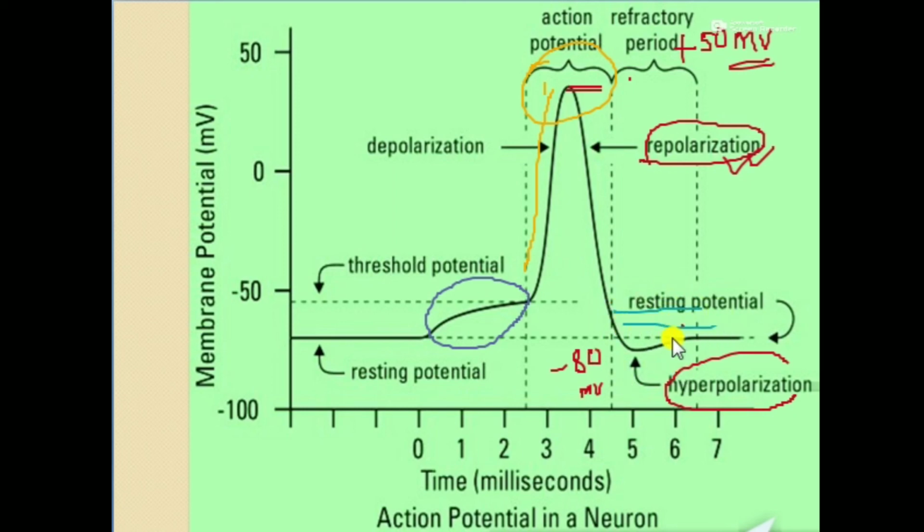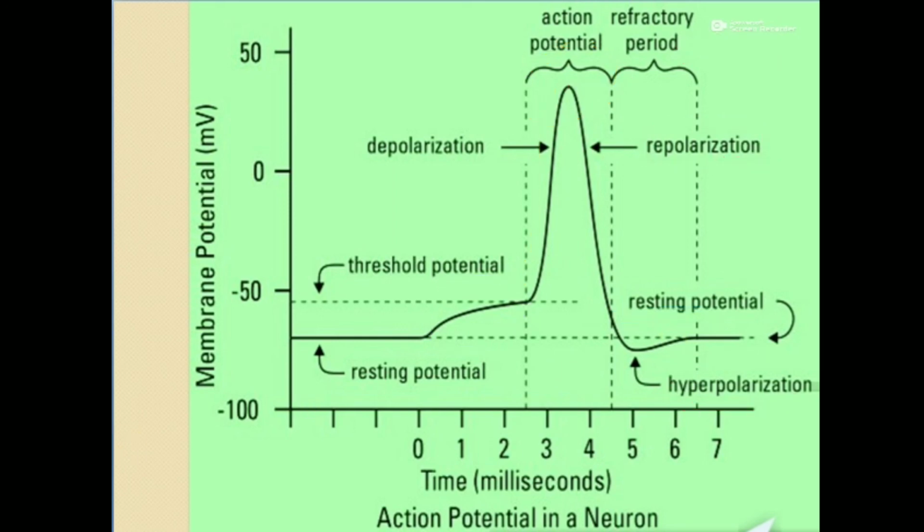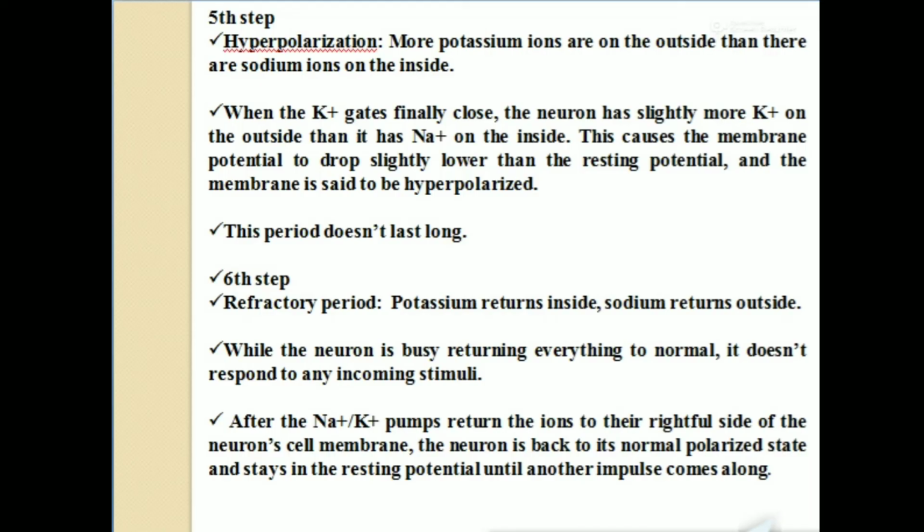At that moment, if any other information comes, except the first information, they don't receive that information because there is already an information. When the first information is there, they don't receive the second information. That is what we mean by refractory period.